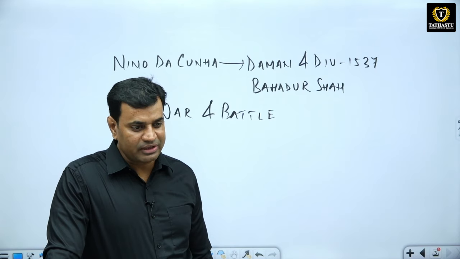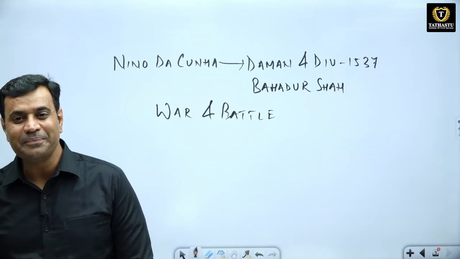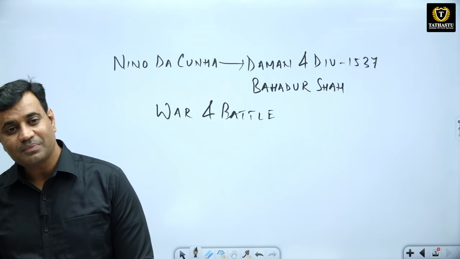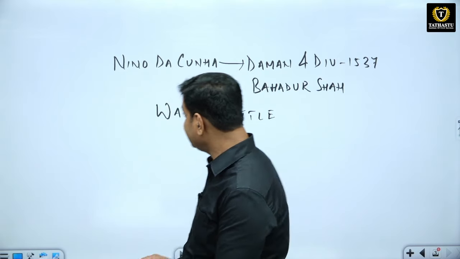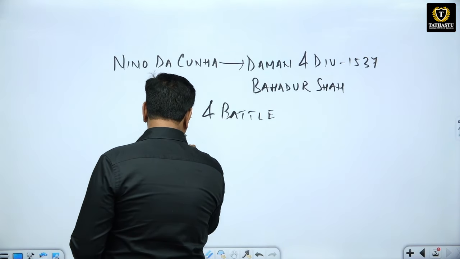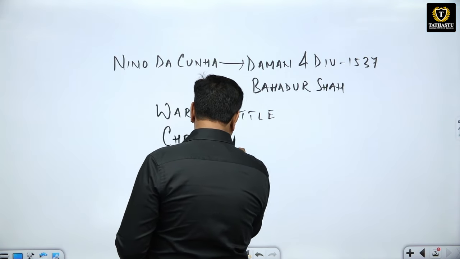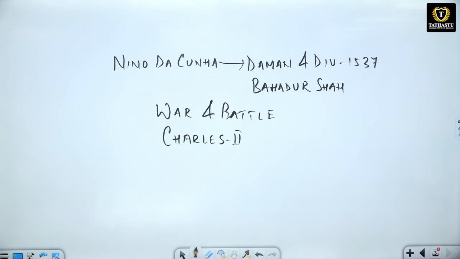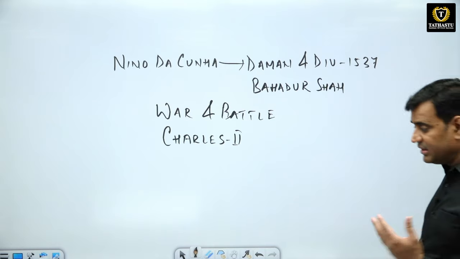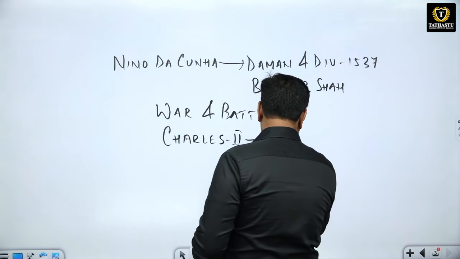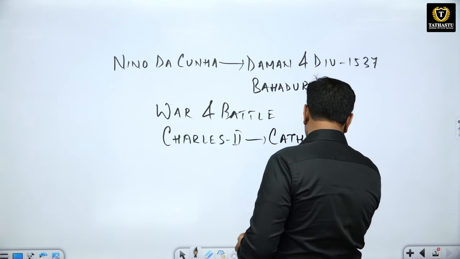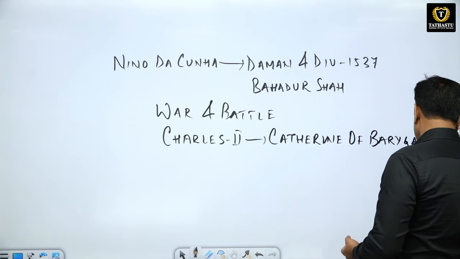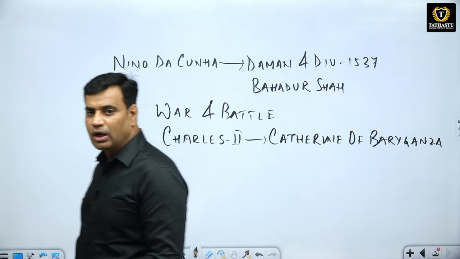Dowry is not only in India. It was given as dowry by the Portuguese to the British prince, Charles II, for getting married to Catherine of Braganza.